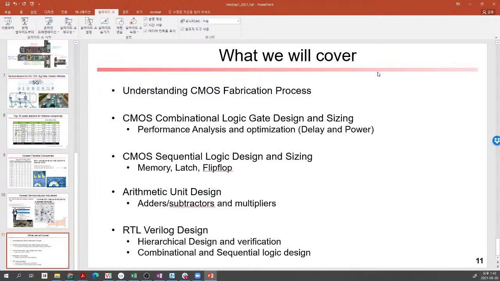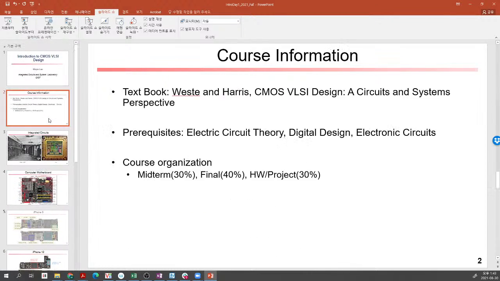We have the prerequisites, electronic circuits and electronic circuit theory. Right? All these prerequisites. Does anyone not take those courses?